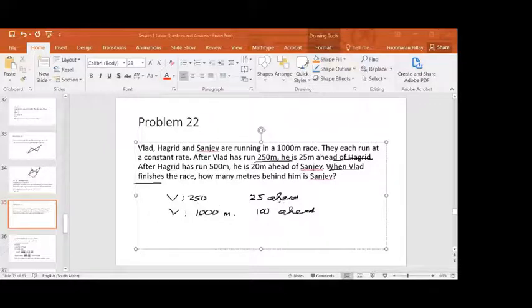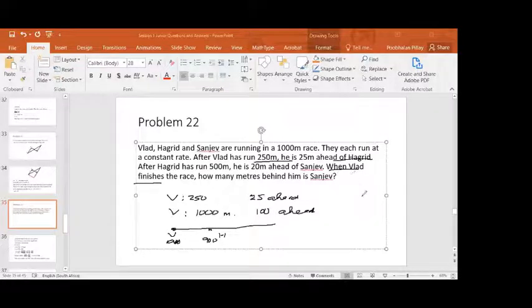After 250, he's 25 meters ahead. 1,000 is 4 times that, so he would have been 4 times ahead. So there's B and there's H, and B's finish is 1,000, and H would have just done 900 by that time. B has done 1,000, and Hagrid is still at 900.